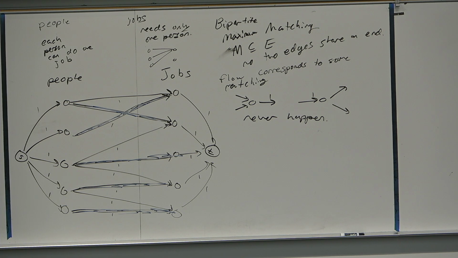So why is the matching exhibited by the flow maximum? How do you argue something is maximum, by the way? Just in general, like a 2050-level question. Yeah, assume to the contrary, there's no bigger one. So assume to the contrary there is a bigger one. Suppose there's some larger matching.